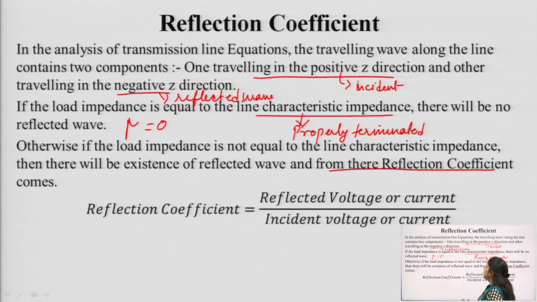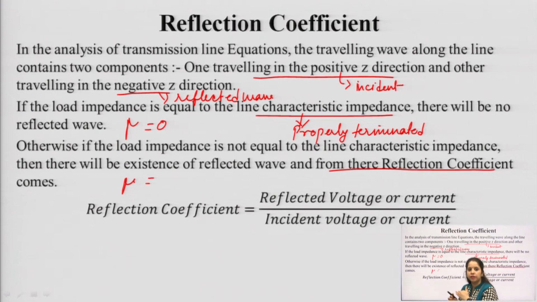So, the minimum value of the reflection coefficient is equal to 0. Now, when there is no matching impedance, all the wave is reflected back, that is the worst condition of the reflection.